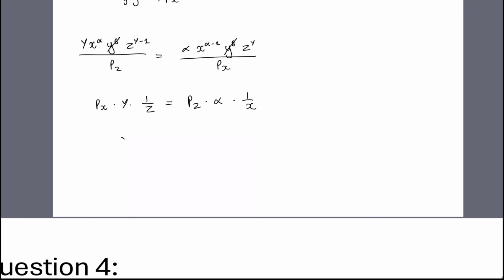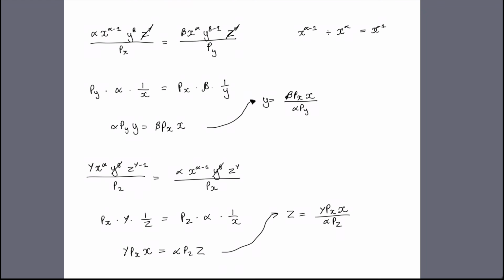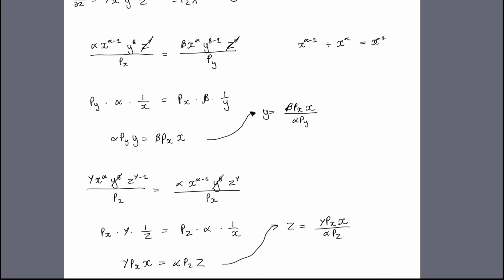Cross multiply, we get gamma px multiplied by x is equal to alpha pz multiplied by z, and this can be rewritten to make z the subject, so we get z is equal to gamma px x over alpha pz. So now we have some sort of general solution because we have y in terms of x and we have z in terms of x.